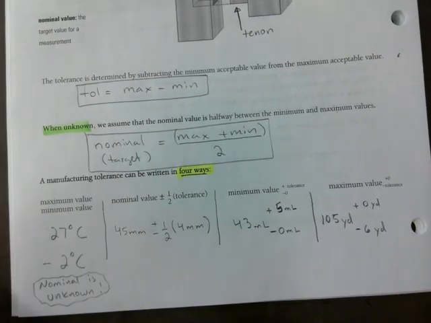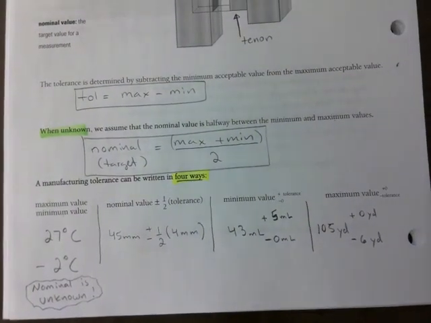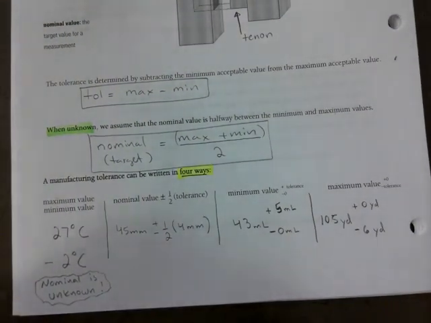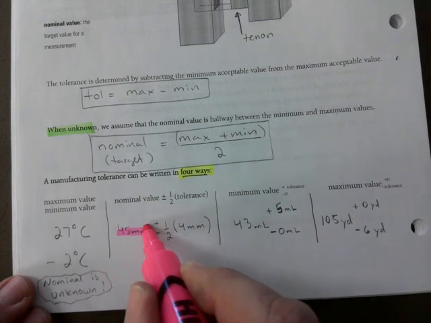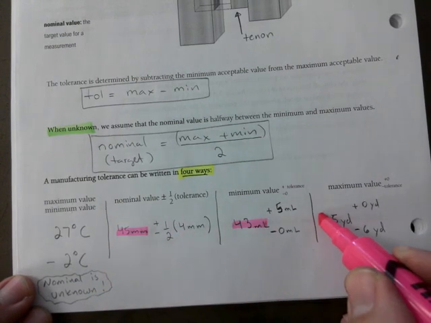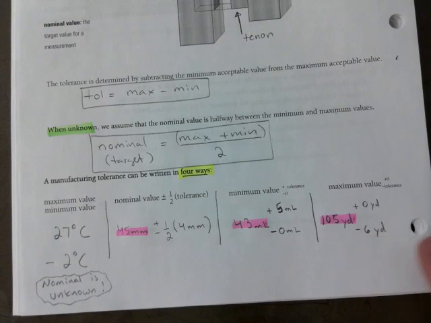You know what I want you to remember out of the 4? That immediately, without even thinking about it, the first number for every single one of these 3 is called our nominal or target.